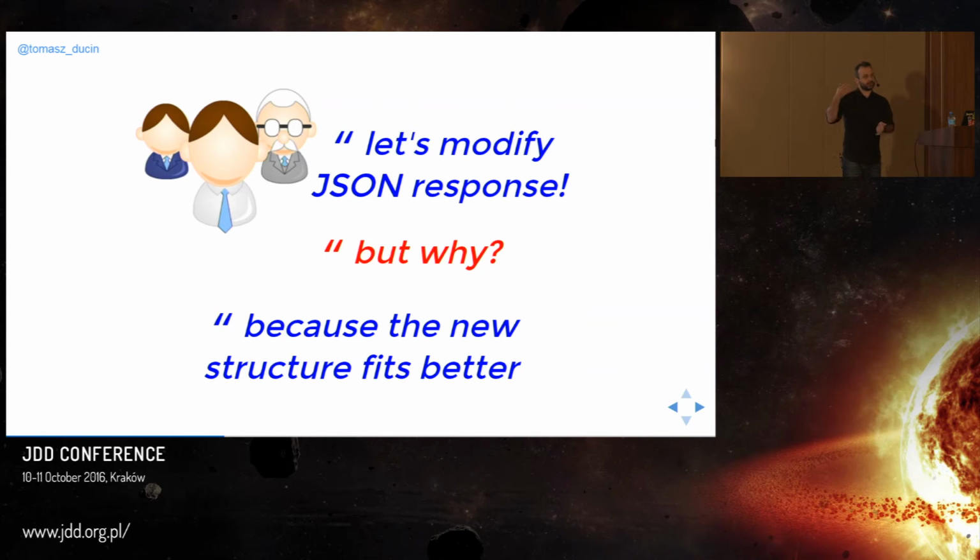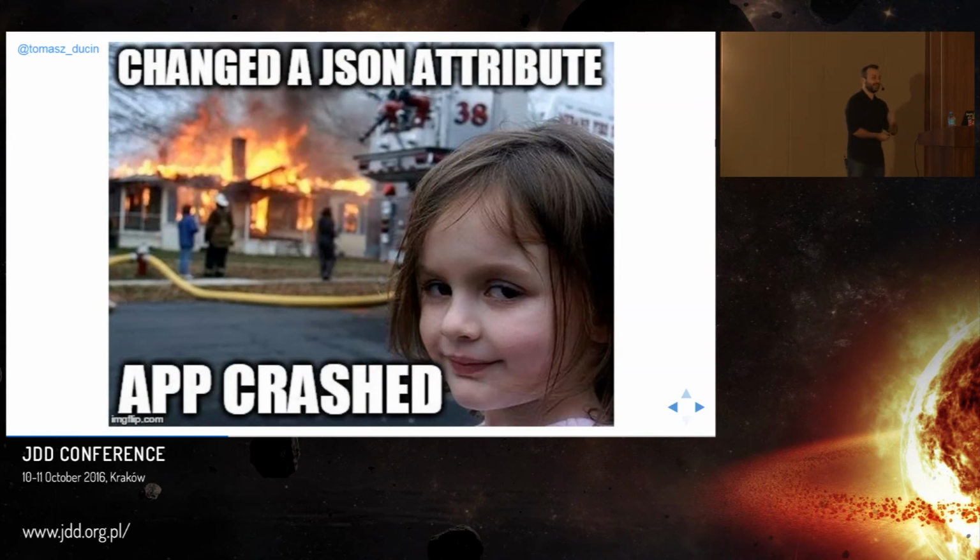He suggested that there might be a better JSON shape. They discussed that and agreed, right, you're right, we might change it. So they discussed what the new design is, who is going to implement it, and they implemented it, released, and bang. Application crashed. What was wrong? There's one thing missing.